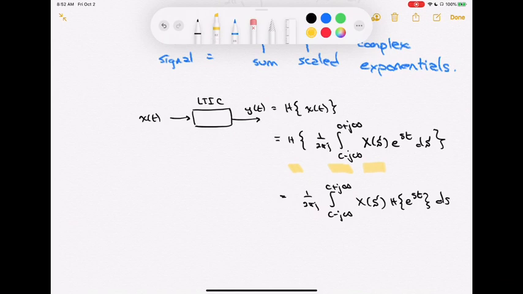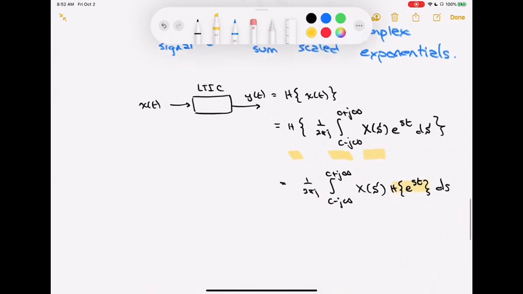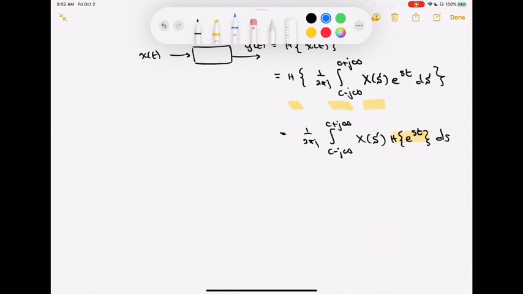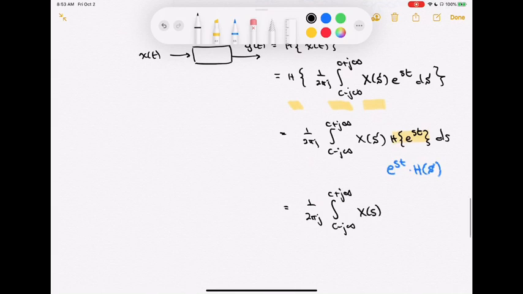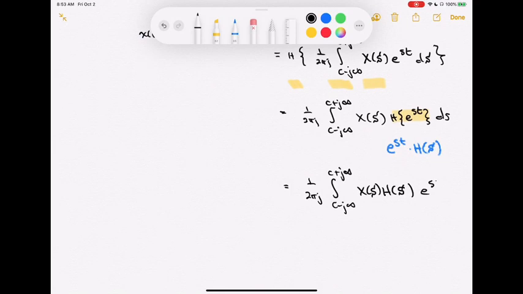I've already looked at, though, what my system acting on a complex exponential is. I know that is just that same exponential, e to the st, times H of s, the Laplace transform of the unit impulse response. And so what I get out of this is 1 over 2 pi j, the integral from c minus j infinity to c plus j infinity, of x of s times H of s times e to the st ds.